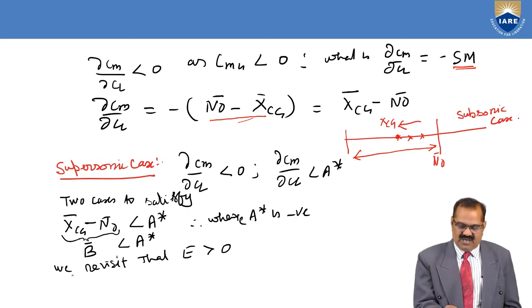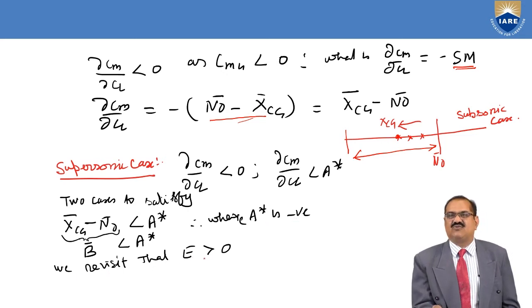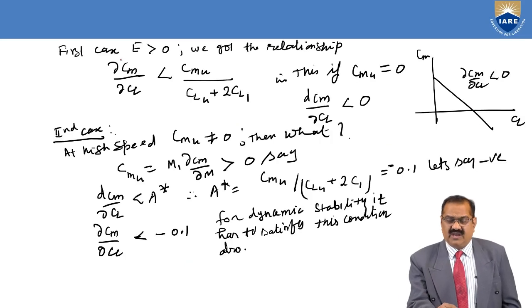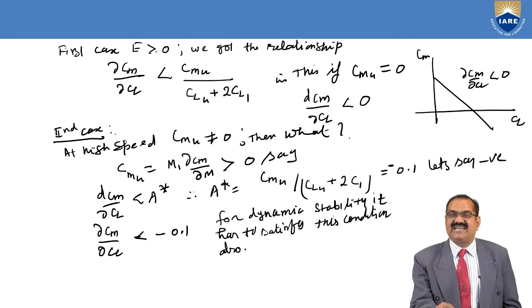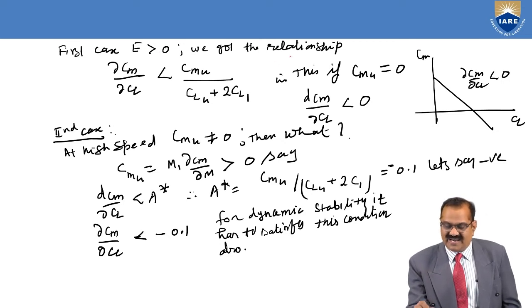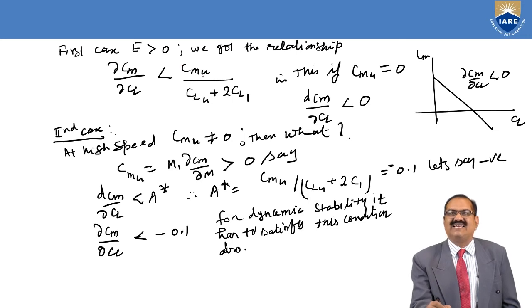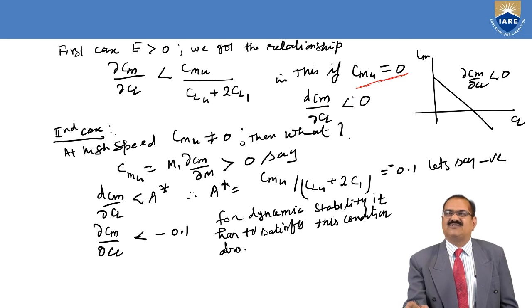So here we revisit that E should be greater than 0. In the first case, when E is greater than 0, we got the relationship that dCm by dCl should be less than CMU divided by CLU plus 2CL1. In this, if CMU is equal to 0, it is a subsonic case. So here dCm by dCl should be less than 0, or it is also called negative.